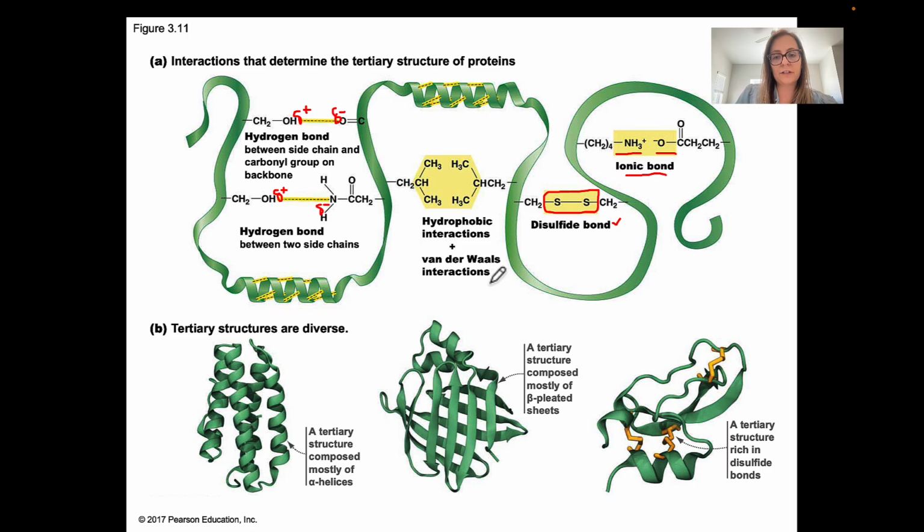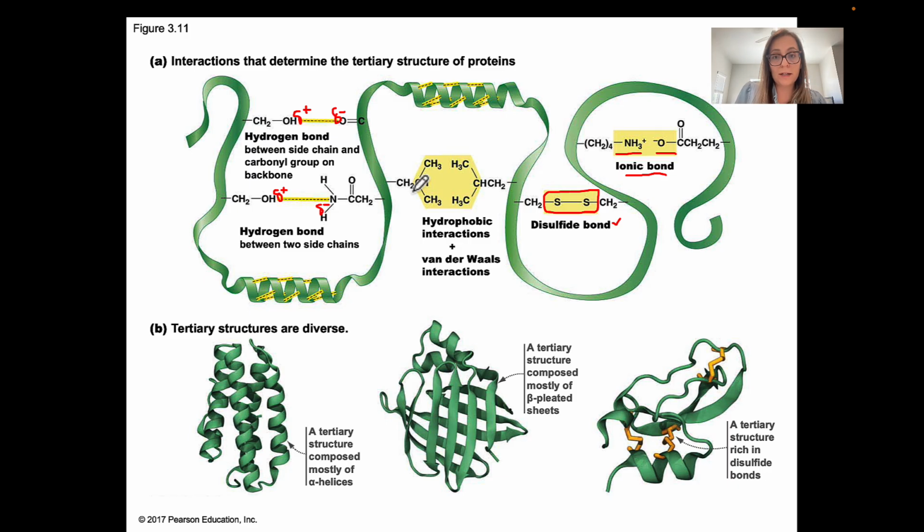Just to remind you what van der Waals interactions are: it's when the orbit of electrons around the atomic nucleus is asymmetrical, and it creates partial charges in that atom. That atom can interact with other atoms with an opposing partial charge, and form a tighter interaction that stabilizes the protein.